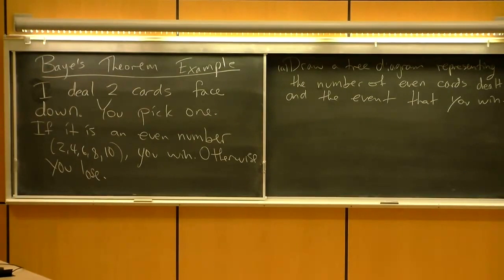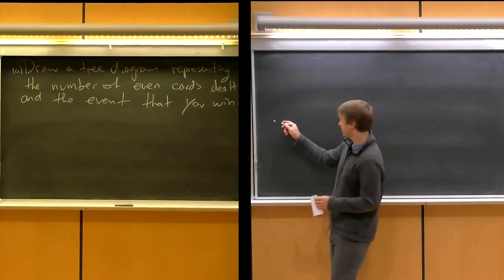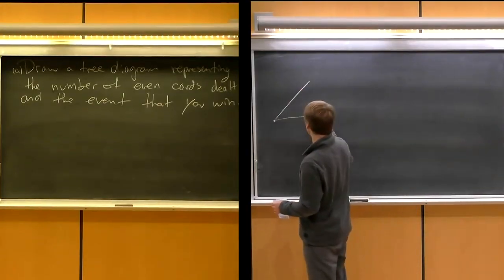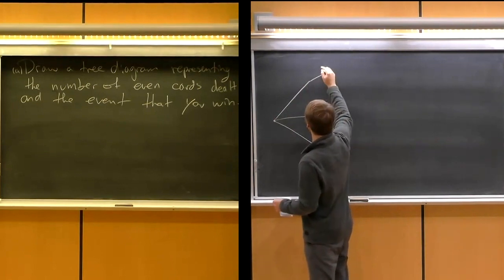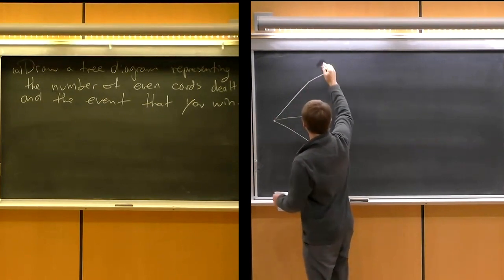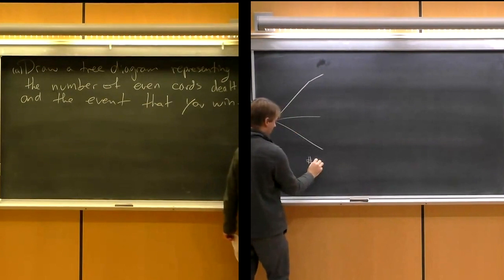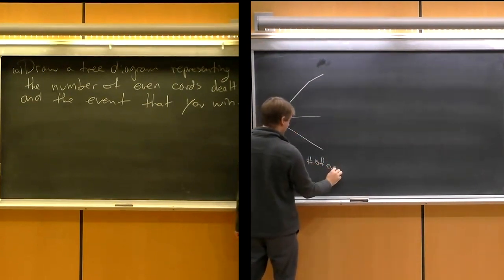So what I'm trying to say in this question is basically at the beginning of the game, before anything happens, we don't have any information, right? When I deal the cards, this represents the number of even cards dealt.